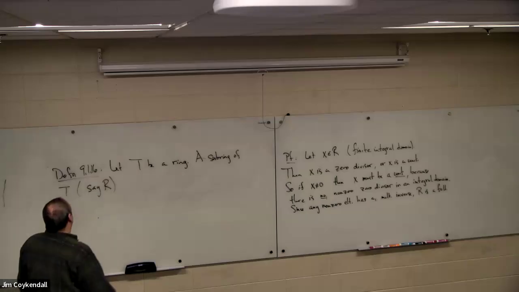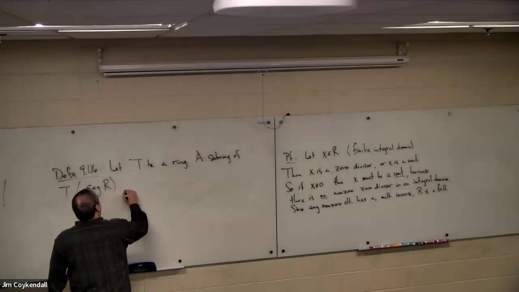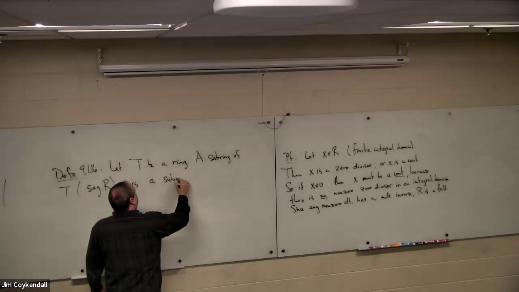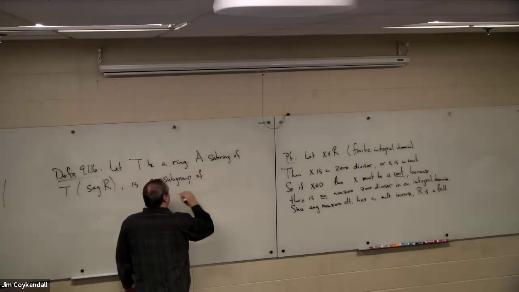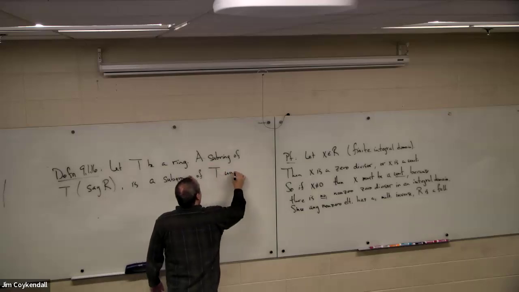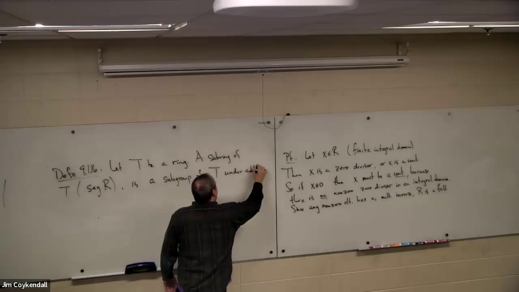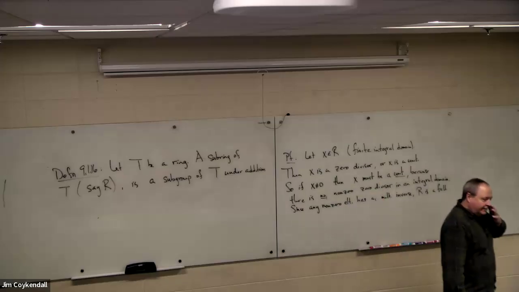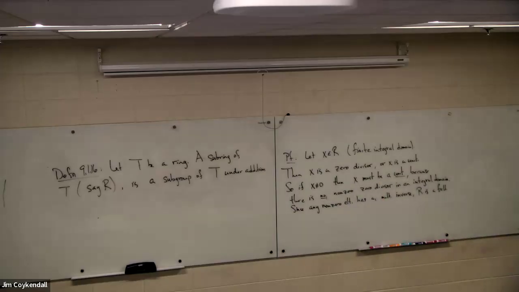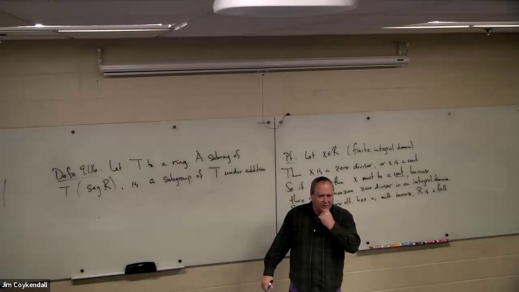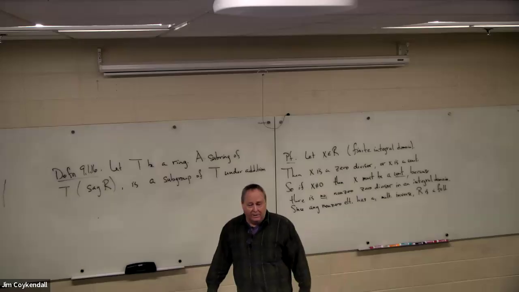Back to the basics: R is a subgroup of T under addition. But that's probably not enough, because if you have a ring T, then it's a group and it's probably got a bunch of subgroups. What else do you suppose needs to be true of R for it to be a subring, a little ring within the ring?